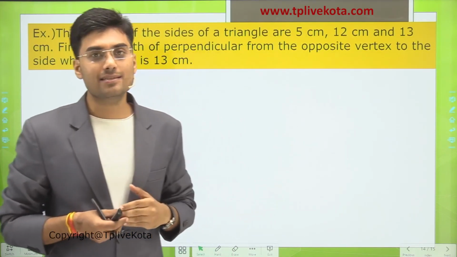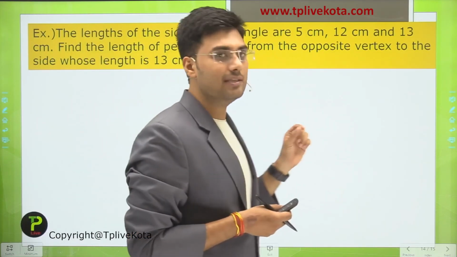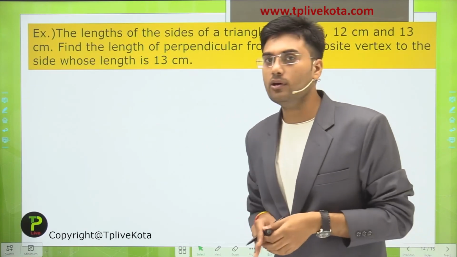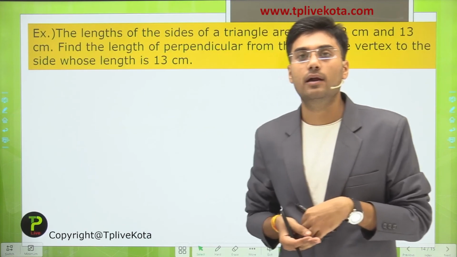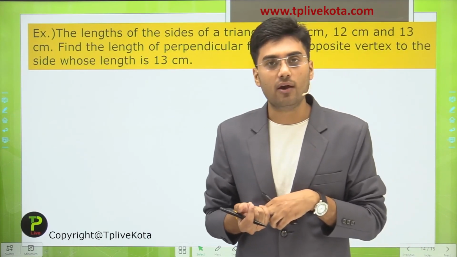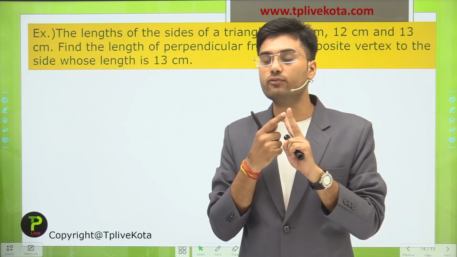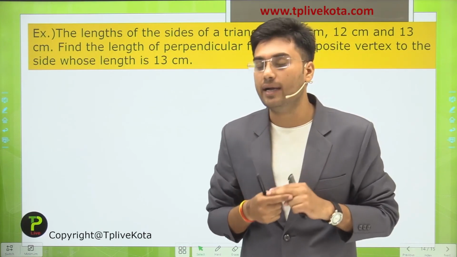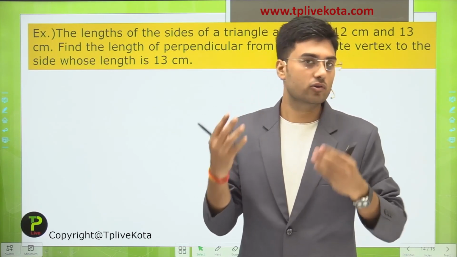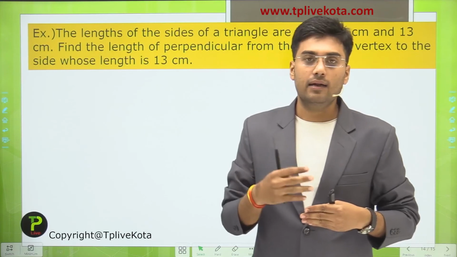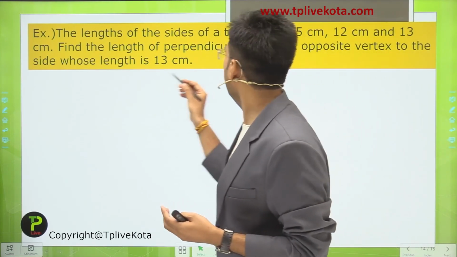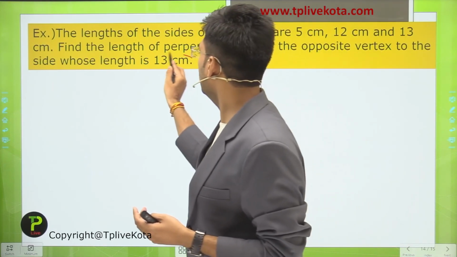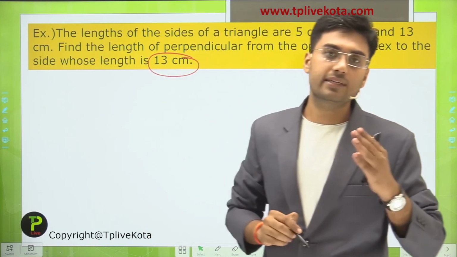So students, I hope you can solve this question yourself, because in this question you have to find just area of this triangle, and to find the area we have two method. One is half multiply by base multiply by height, and the second is Heron's formula. Okay. Now after finding the area, you have to find the length of perpendicular from the side 13 centimeter.